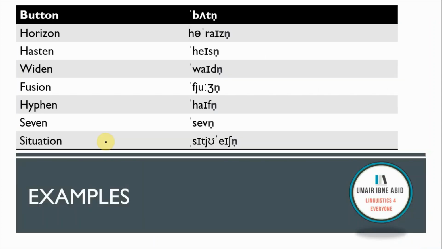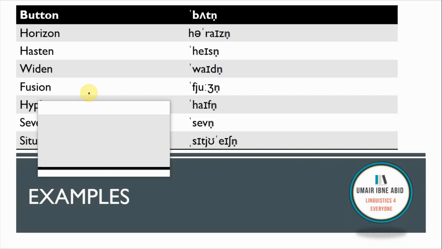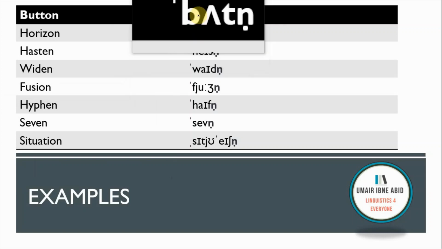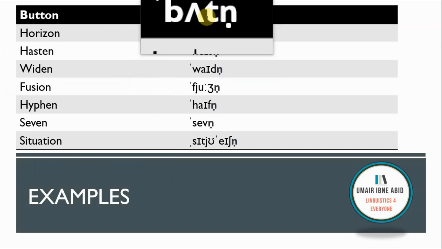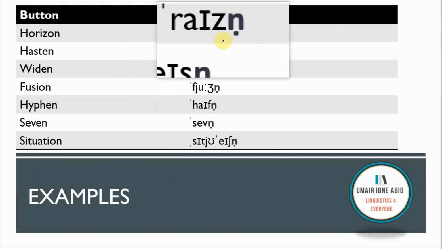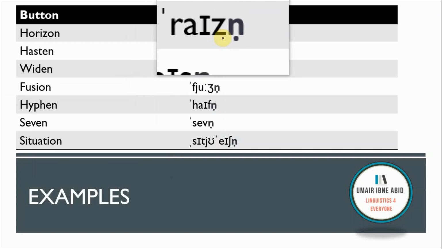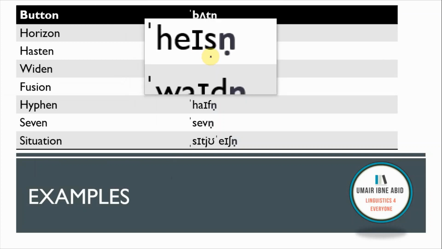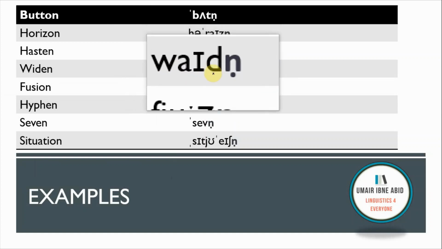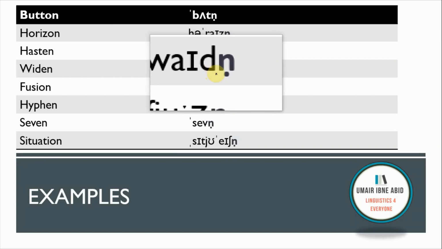Now we have a few examples having some plosives and fricatives. We have talked already about "button", where you can see this is the alveolar plosive, and then horizon, alveolar fricative, then hasten, alveolar fricative once again, then widen, once again the alveolar plosive.